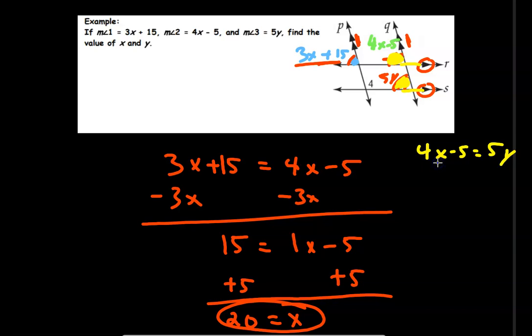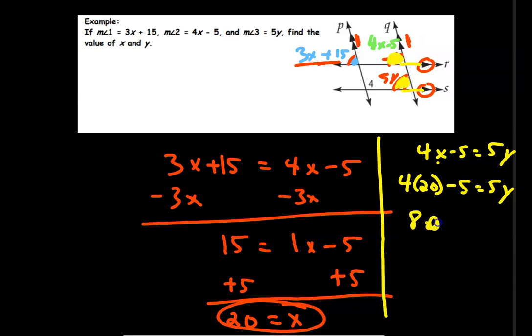You can't solve it with two variables unless you have two equations. So this is 4 times 20 subtract 5 equals 5y. Since x is 20, this becomes 80 subtract 5 equals 5y. So 75 equals 5y.